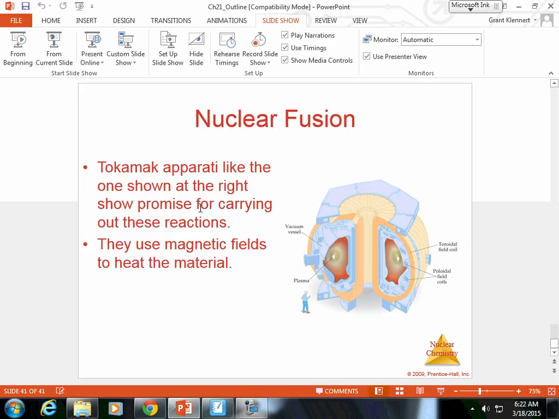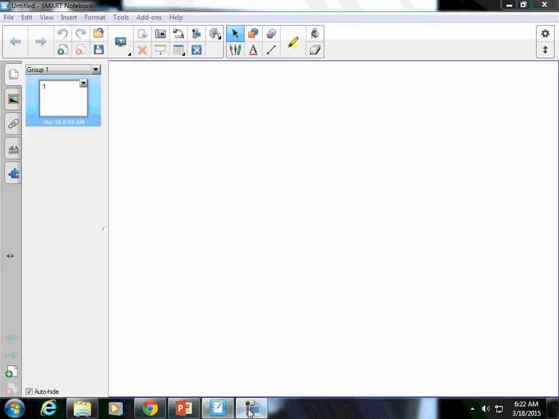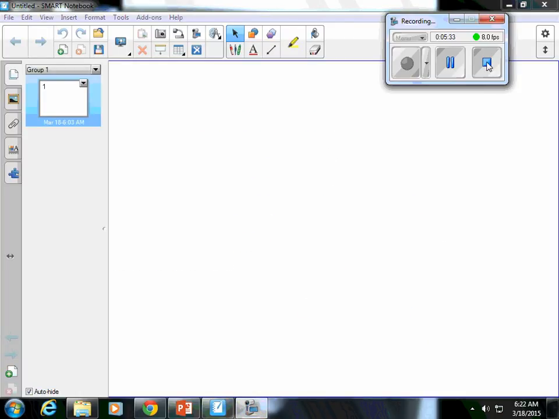So we combine two hydrogen atoms to form a helium atom. We're working on doing this. We're showing promise, but there's work to be done in the field of nuclear fusion as a sustainable energy source on planet Earth. Not any math, not anything along those lines, just exposing you to the types of vocabulary that you may come across when you're talking about nuclear chemistry. This will conclude section 21.2.